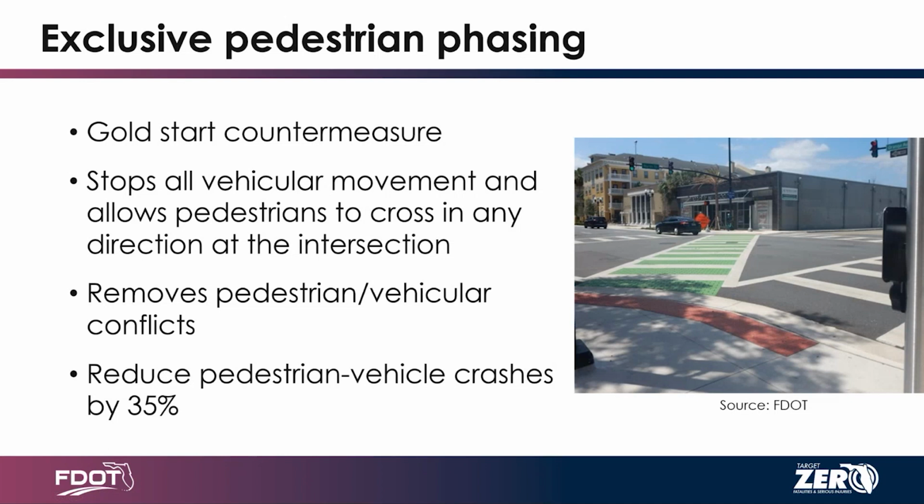It reduces turning movement conflicts. It removes pedestrian vehicle conflicts due to turning movements. I will caveat that there's still human behavior. Sometimes pedestrians will walk outside of the time they're supposed to walk, but it does eliminate or reduce that conflict.